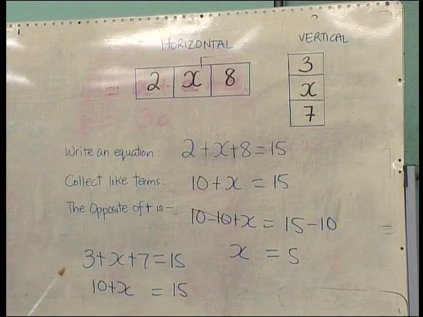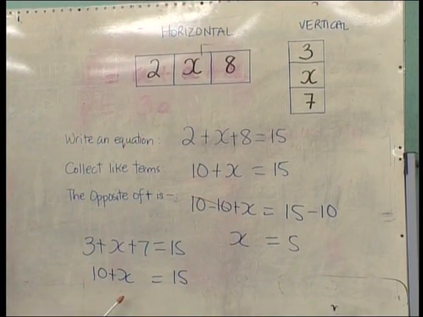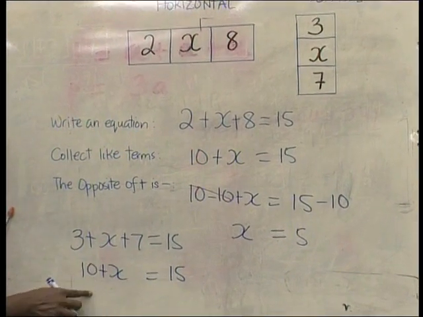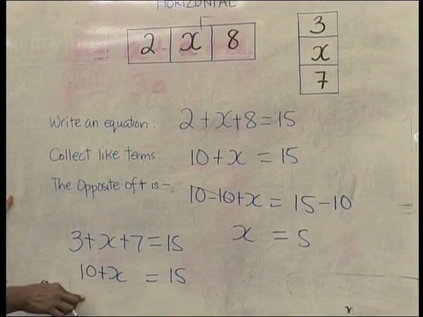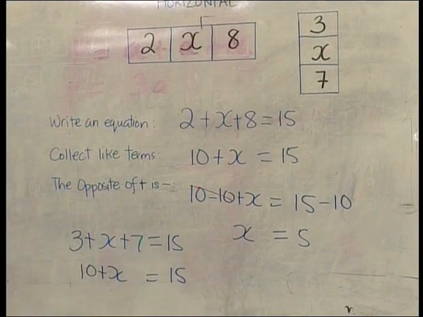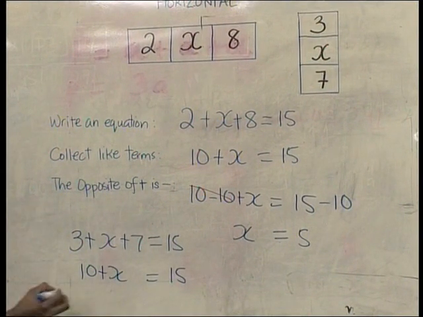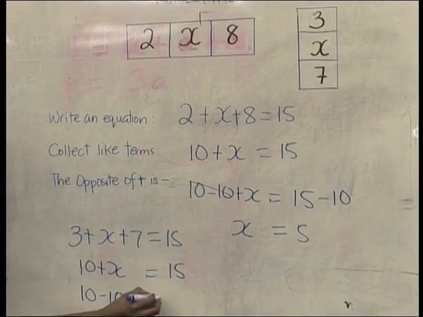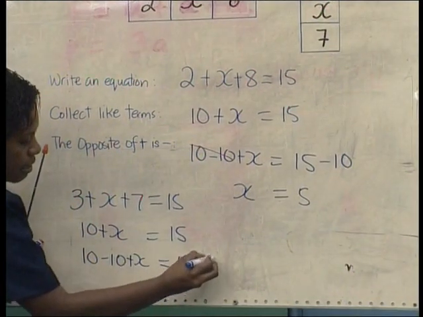All right? We have to get rid of 10 on this side. If you subtract 10 here, you must also subtract 10 on the other side. Okay, not only on one side, it has to be on both sides. So 10 minus 10 plus X is equal to 15 minus 10.